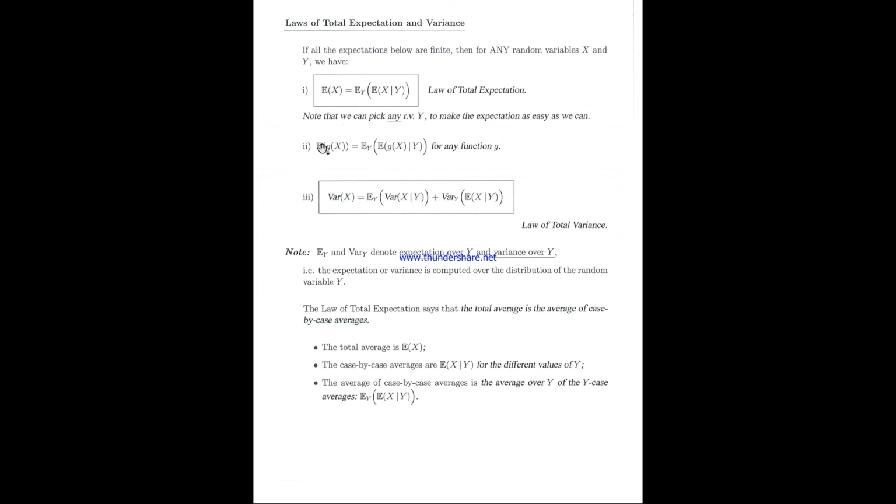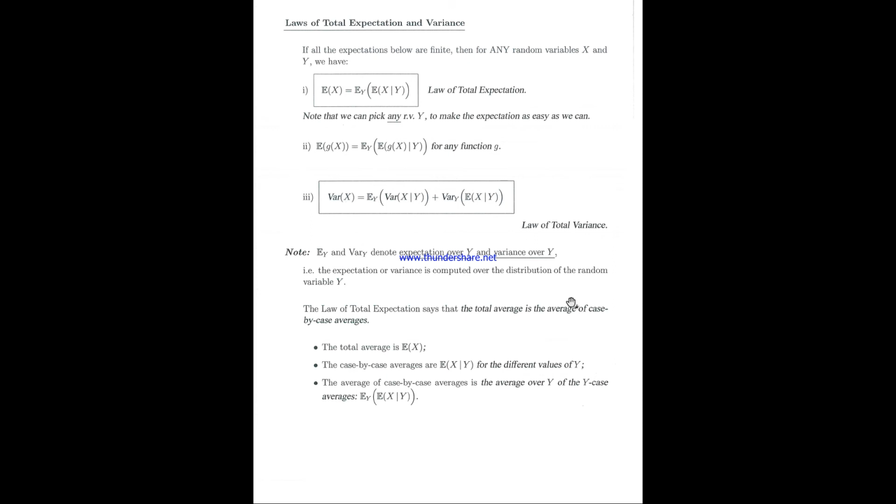If you look at the total expectation, when you take the expected value of x, first you fix the y value to a specific value, and then you calculate the expectation for that particular case, and then you take the expectation over all the y values. That is, we are concerned with case by case when taking the total expectation. Because we know the expected value of x given y is different when you fix the y value for different numbers.